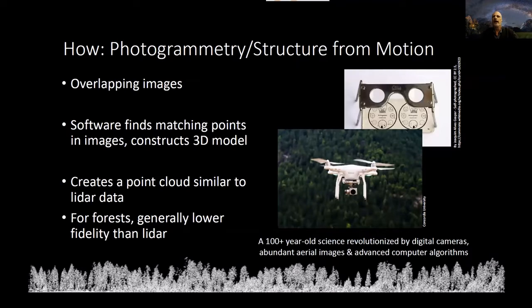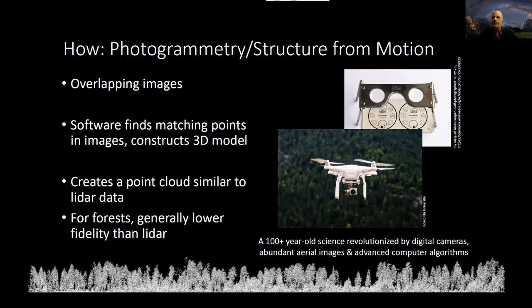Another method is photogrammetry, sometimes more colloquially called structure from motion. This is actually a very ancient science or engineering topic. It goes back in theory over 150 years and in practical uses over 100 years.